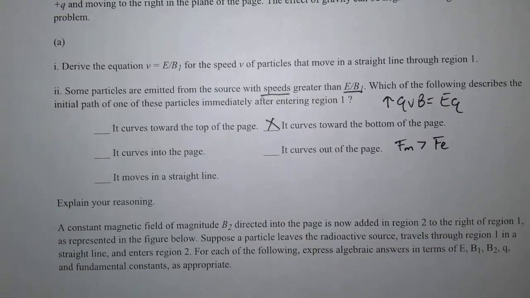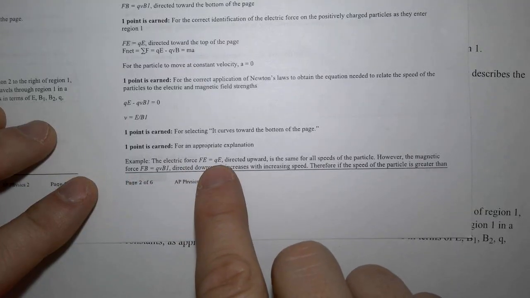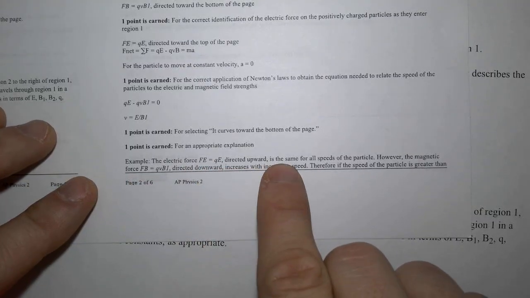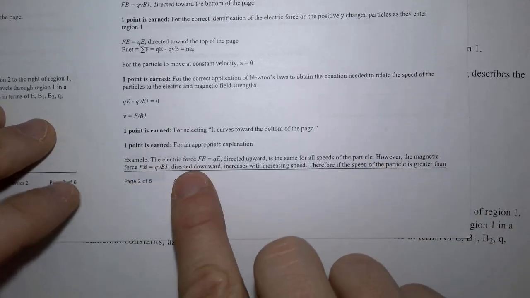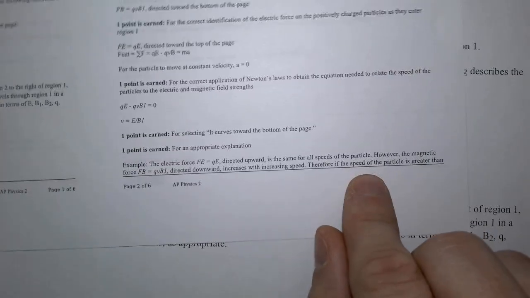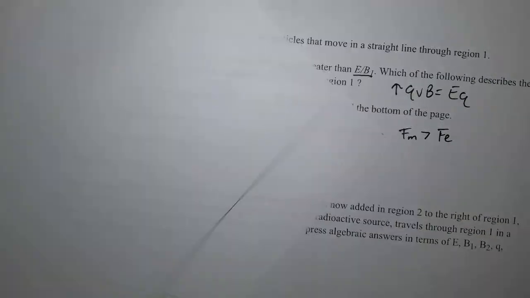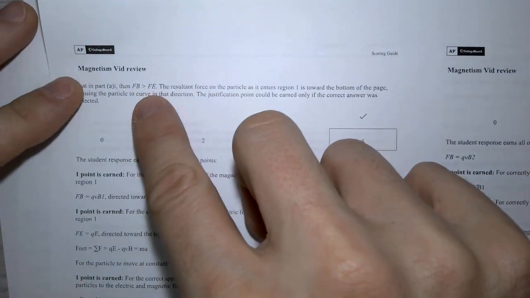Well, explaining our reasoning, I'm going to show you exactly what's going on here, so that we don't miss it. It says the electric force is equal to E times Q directed upward, the same for all speeds of this particle. However, the magnetic force is directed downward, and increasing that speed would mean that the force magnetic is greater than the force electric.